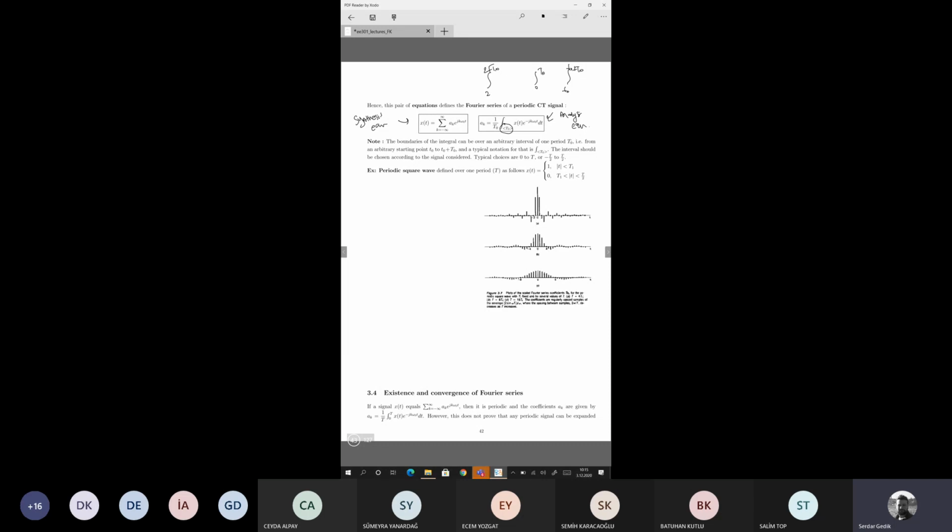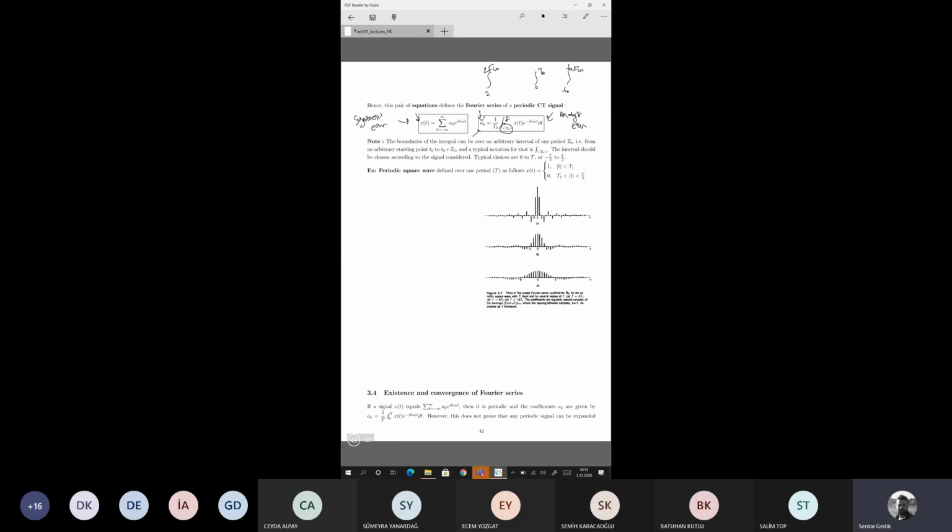So this tells us that t0 is just the integration period. These synthesis and analysis equations are telling you that if you have a periodic signal x of t, you can calculate the a k's, and given the a k's, you can calculate x of t. Given x of t, you can calculate a k.